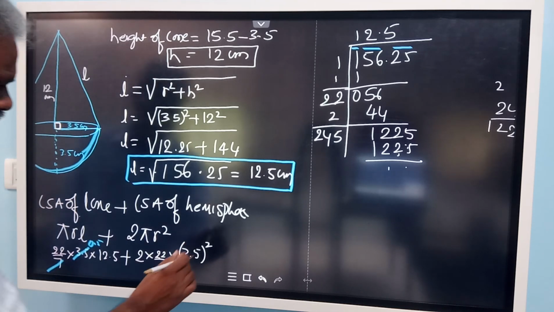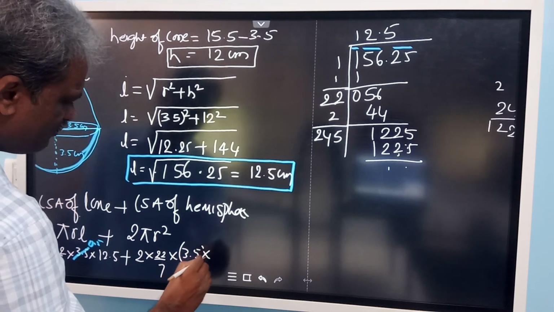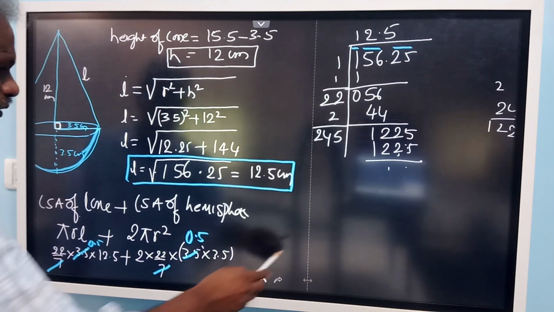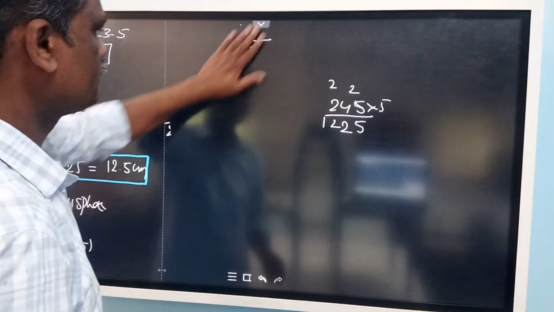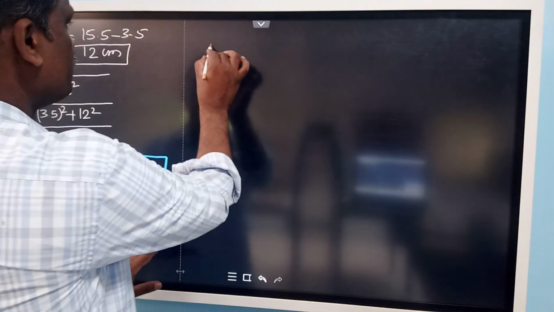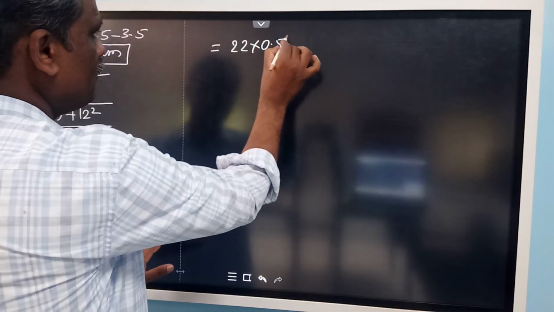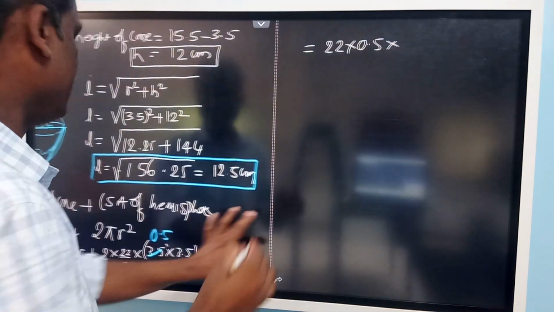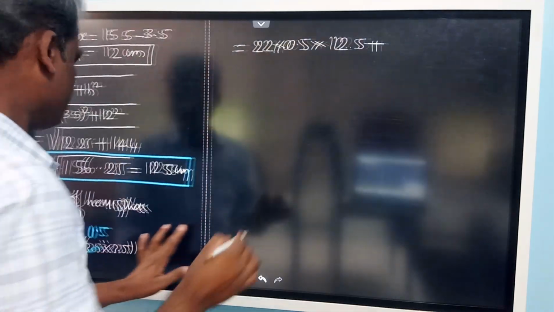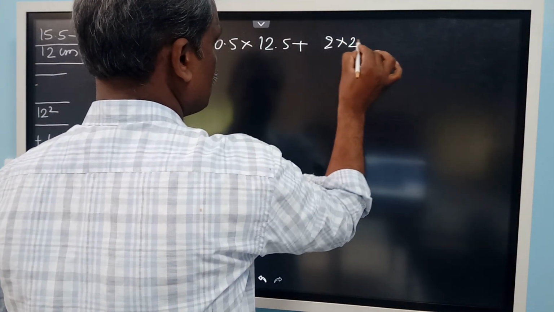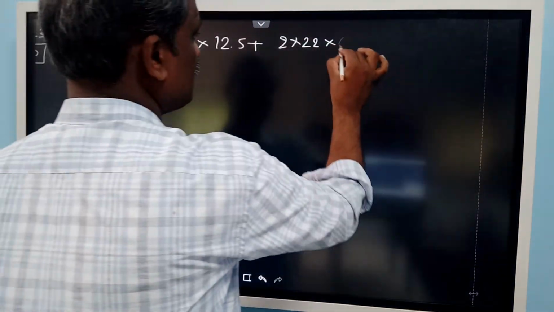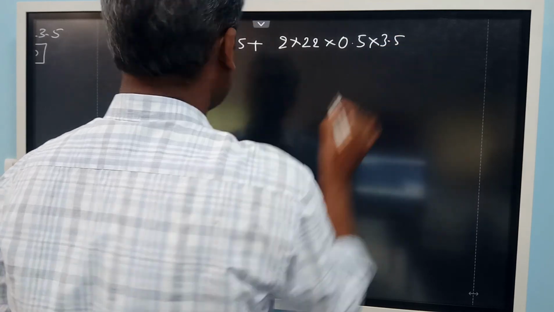The 3.5 whole square you can write as 3.5 into 3.5. So now you are getting 22 into 0.5 into 12.5 plus 2 into 22 into 0.5 into 3.5.